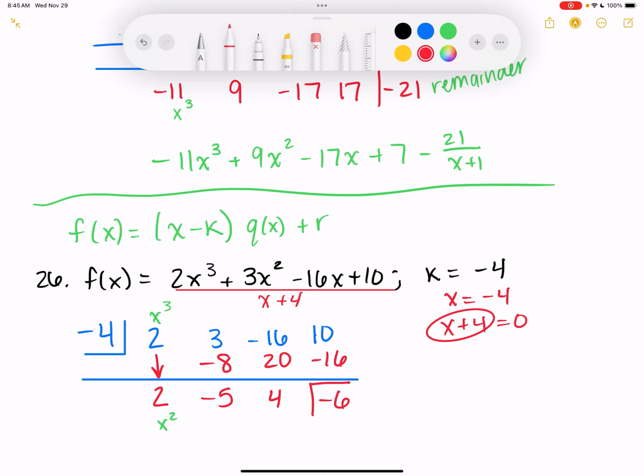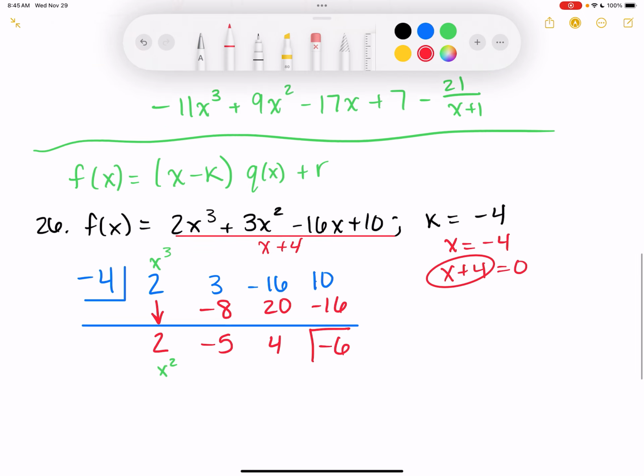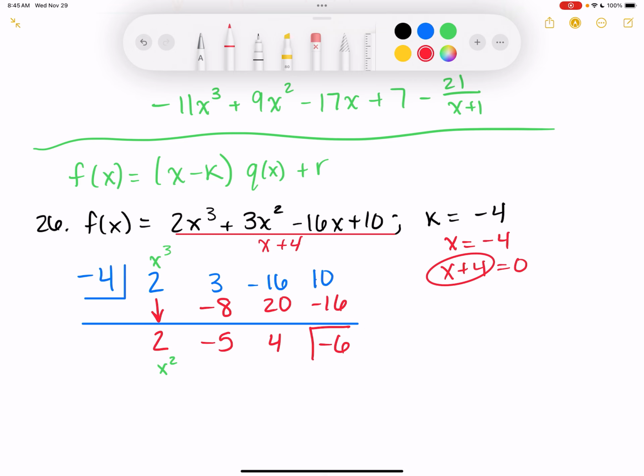So now I'm going to use this x plus 4. That's going to be this first x minus k part, it's just our sign is different. So x plus 4 is going to be the first part. Now, the q of x part is this part that we got from here. So q of x is going to be this 2x squared minus 5x plus 4.